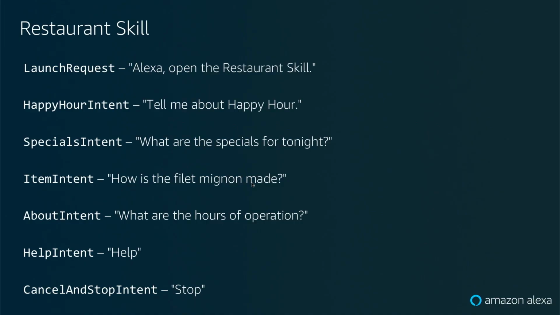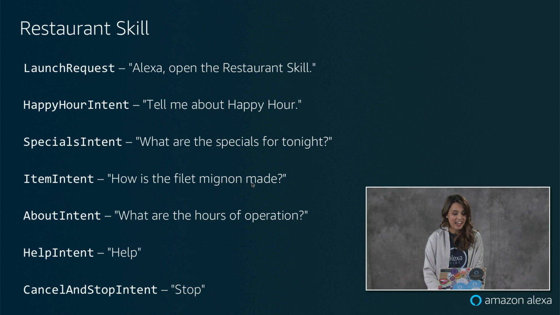So with that in mind, I have built out all of my screens for my restaurant skill. For the launch, about, help, cancel, stop, I had a simple display that just showed the title of my restaurant and an example image showing the different table that might be at my restaurant. For the happy hour and specials intent, I use list items and logos that I hosted on S3, and I use data binding from my data source in order to populate the list.